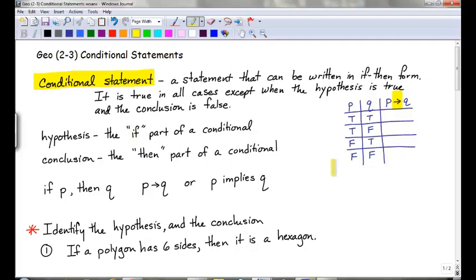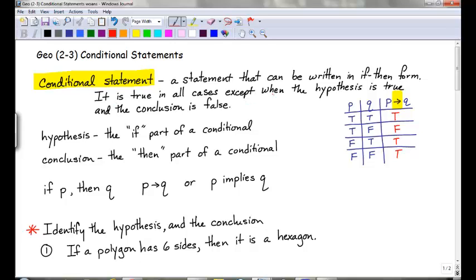Okay, so if the if part is true and the then part is false, it's true in all cases except that case. So with a different colored pen if you have it, this is true. This is the only one that would be false. And this is true, and this is true. Okay? And that's basically coming from that statement.